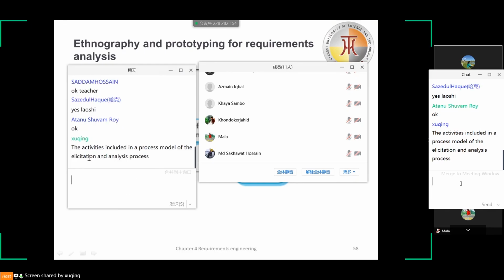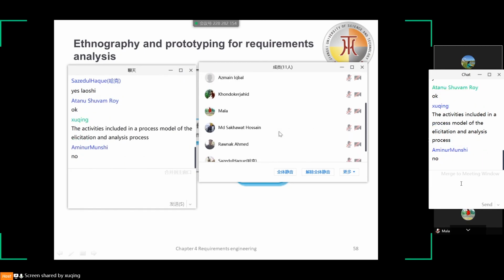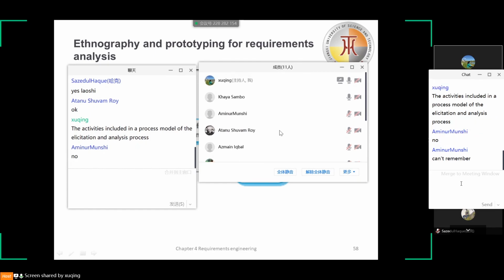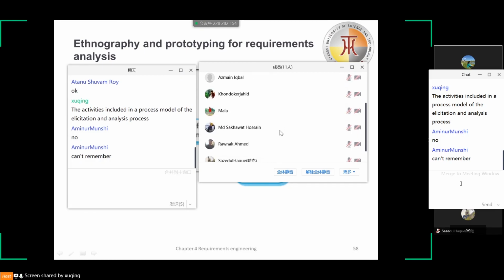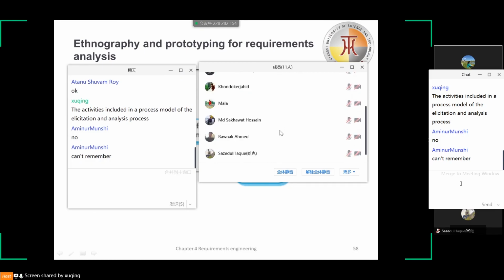I remember, Laoshi. Yes, please, Kaya. It's in our class. It's requirements discovery, requirements classification and organization, prioritization and negotiation, and requirements specification.